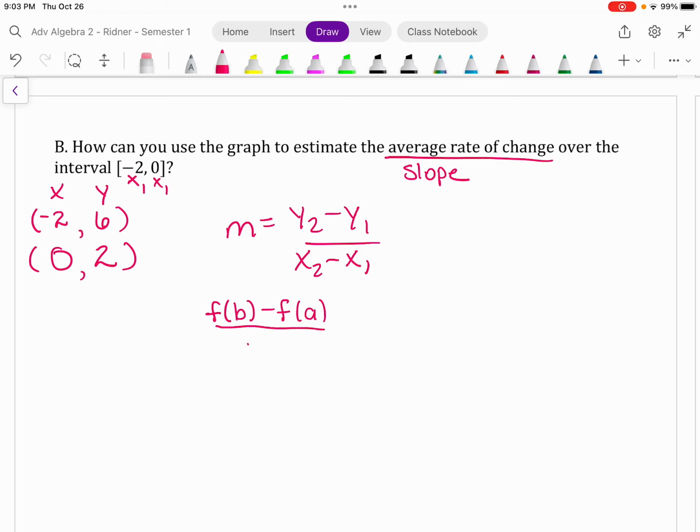But if I'm being honest with you, I'm not going to write it that way. It's just slope formula. So 6 minus 2 over negative 2 minus 0 is 4 over negative 2. So the average rate of change is negative 2.